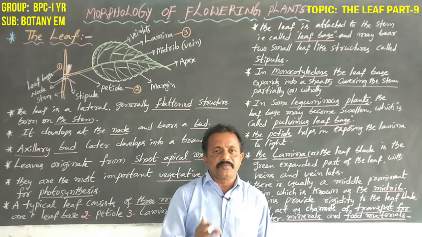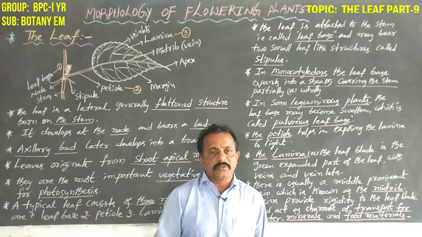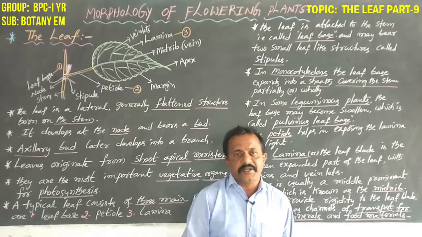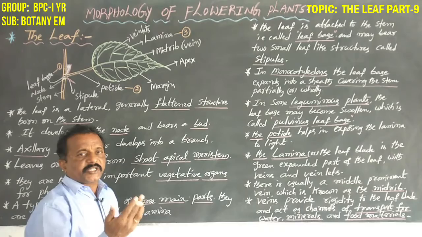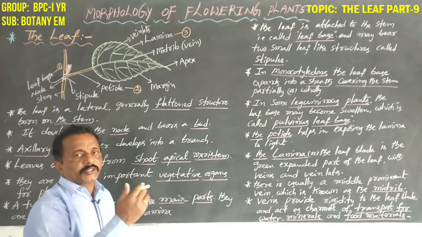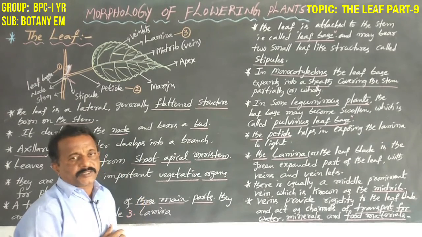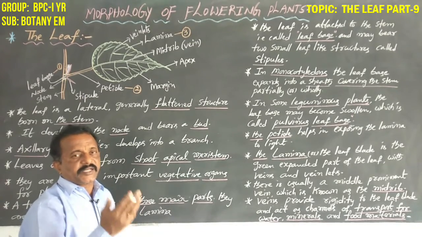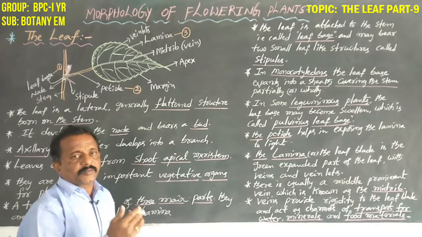But the root apical meristem develops only the root system, that is the primary root and the remaining lateral roots such as secondary roots and tertiary roots. So meristems are of mainly two types, namely root apical meristem and shoot apical meristem. The root apical meristem is present only in root parts. The shoot apical meristem is present in shoot parts such as stem, branches, leaves, flowers and fruit parts.